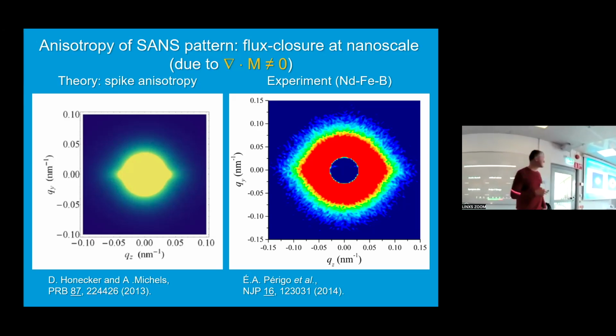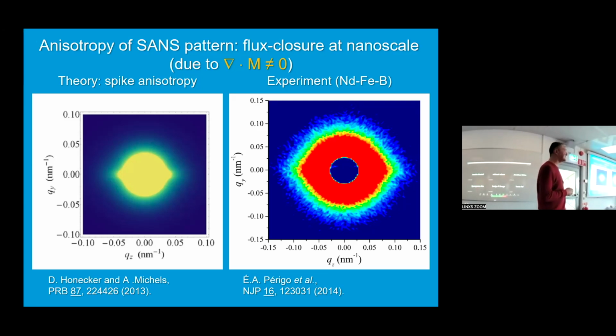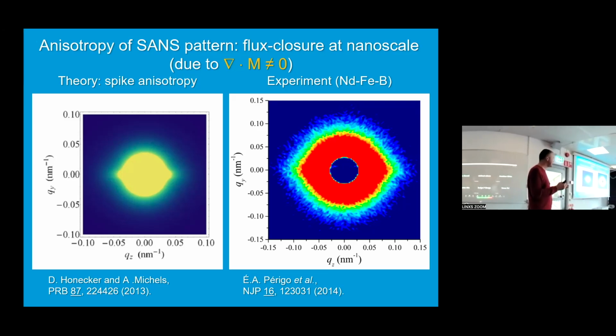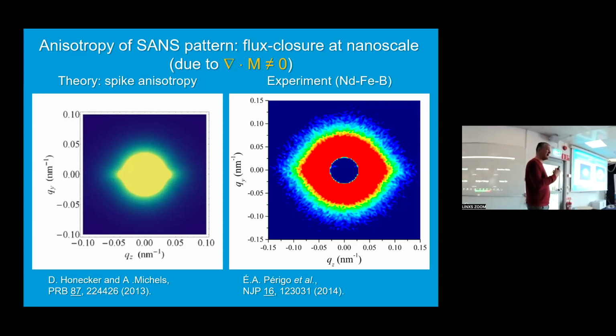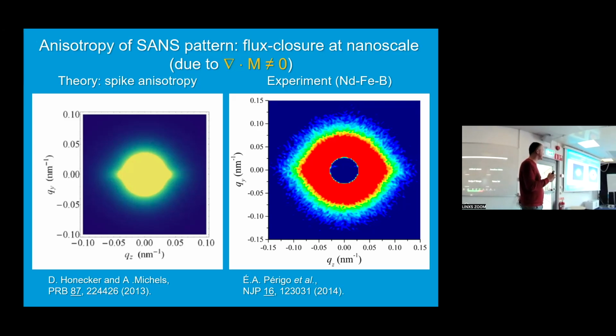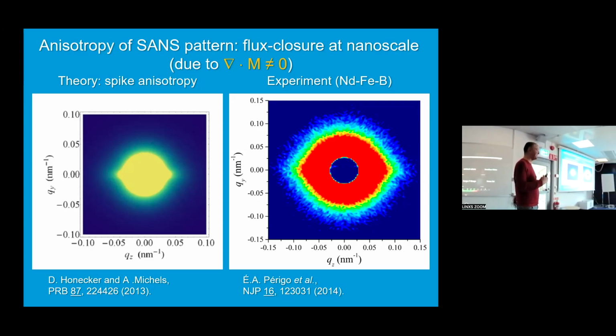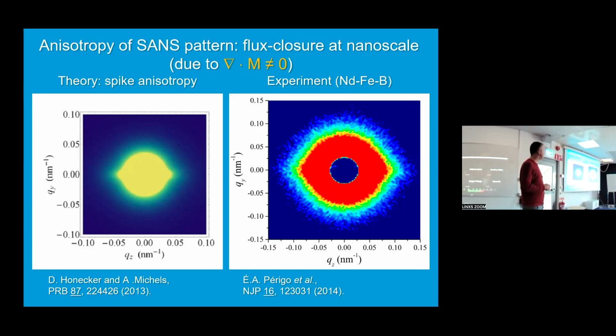Whenever you have a discontinuity in the magnetization of the material, so you have a macroscopic magnet, and let's say this magnet is fully magnetized, then at the outer surface, the magnetization jumps to zero, and that is a discontinuity. And at that surface, this is the origin of a magnetostatic field. That's what is typically known as the stray field. So you can think of it that the stray field emerges from the surface.